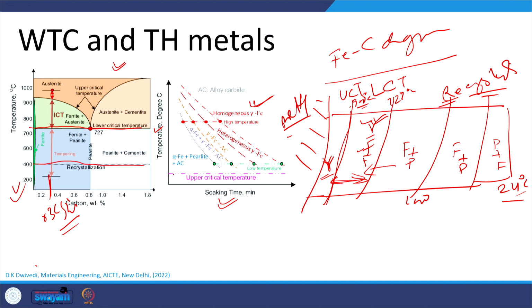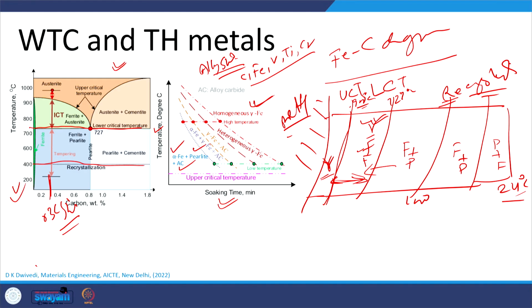Initially, take an alloy steel having carbon, iron and some carbide forming elements like vanadium, titanium, chromium, etc. At room temperature, the steel may have ferrite, pearlite and alloy carbides.